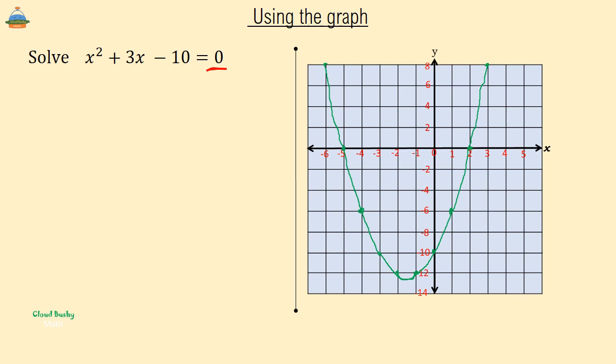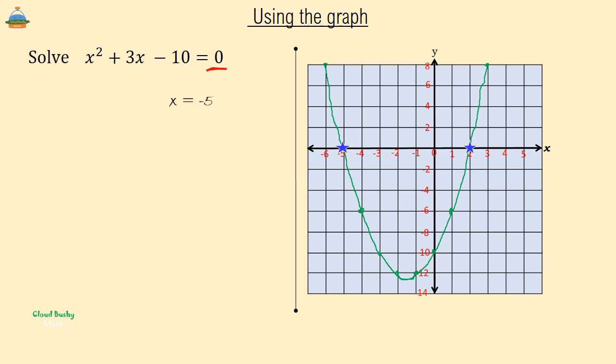Here, when x is negative 5 and when x is equal to 2. This is where the graph cuts or crosses or intersects with the x-axis. So x is equal to negative 5 and x is equal to positive 2. We have two solutions where y takes a value of 0 on the graph.